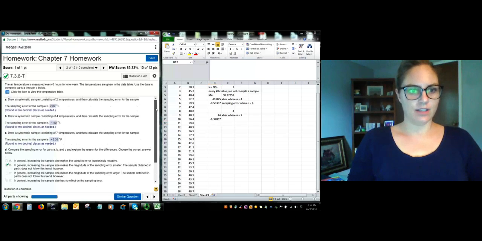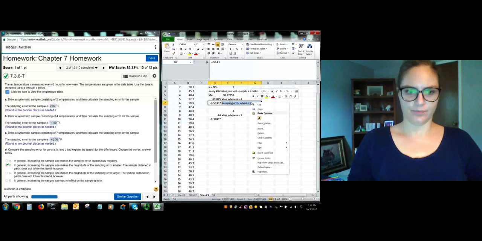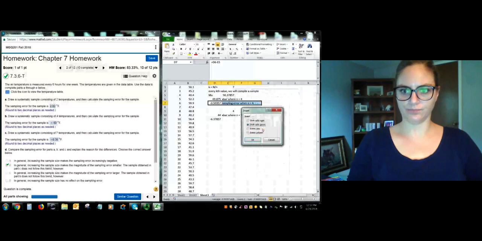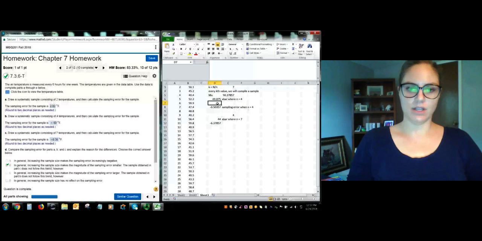Now here, it looks like I skipped over the first one because I had not drawn this down, so we'll just do this quickly. Let me pull this down here, where n is equal to 2. So where n is equal to 2, it's actually going to be 28 divided by 2, which is going to be 14.